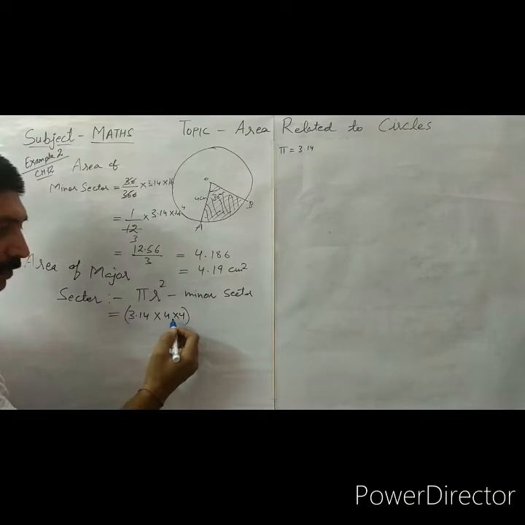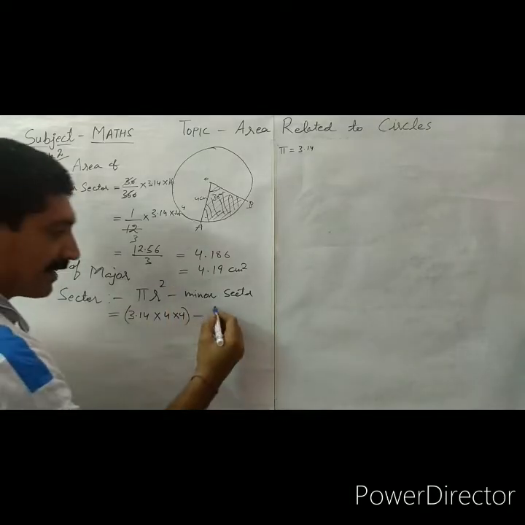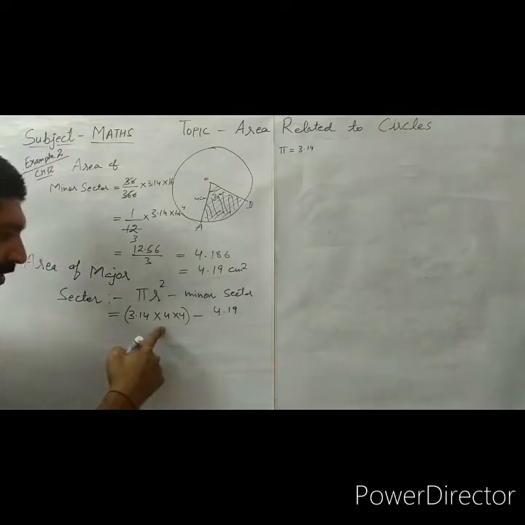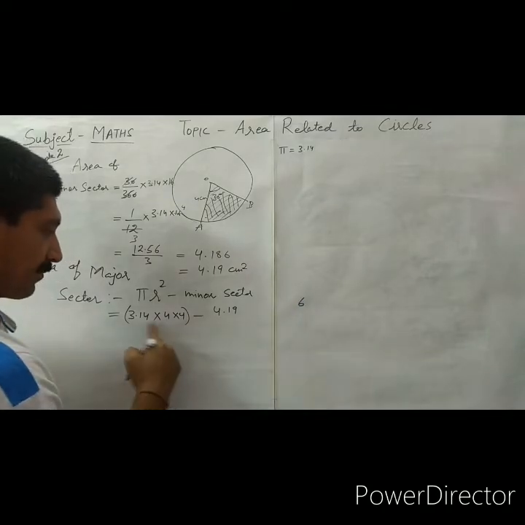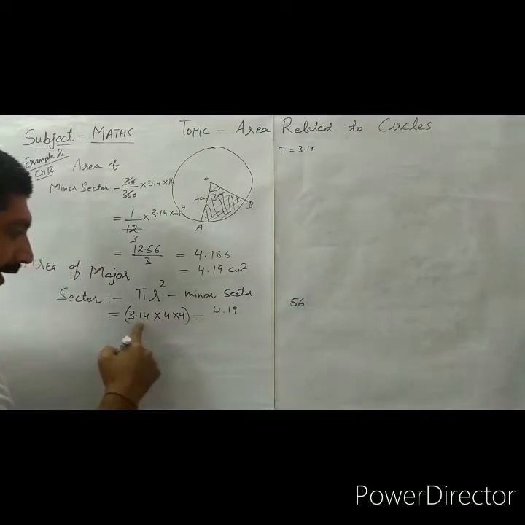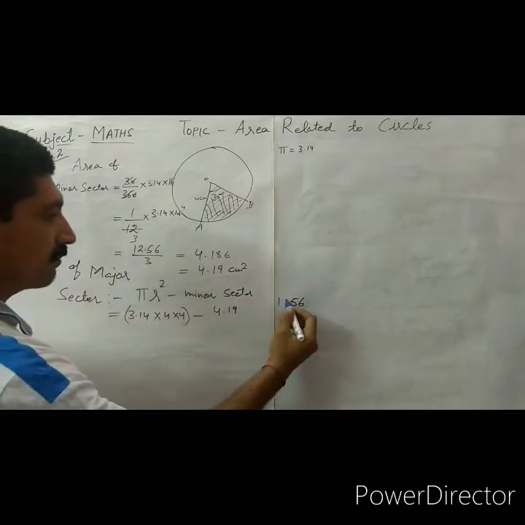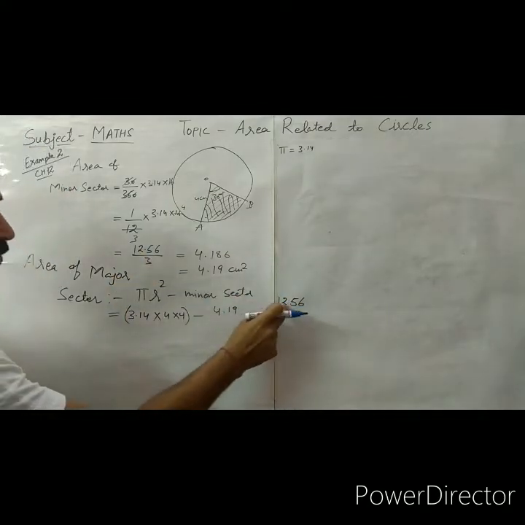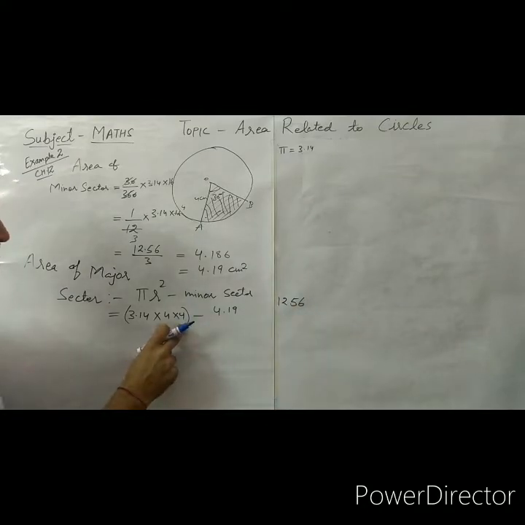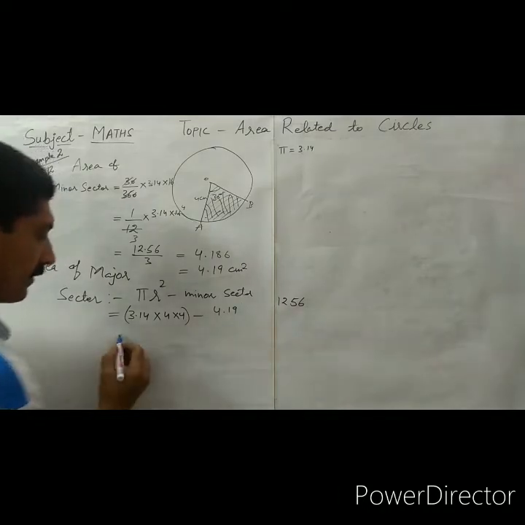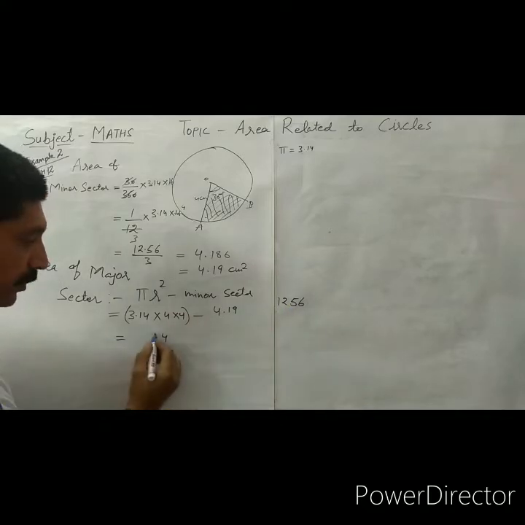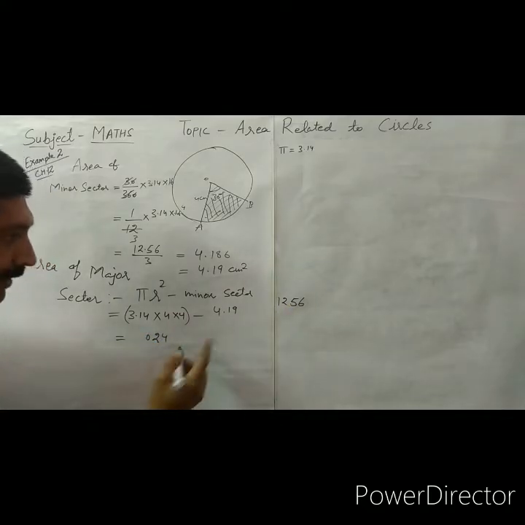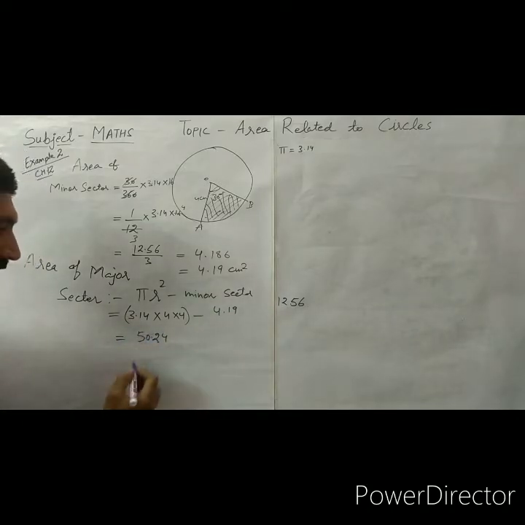So we go for this calculation first, and the area of the minor sector is 4.19. The area of the circle is 50.24.